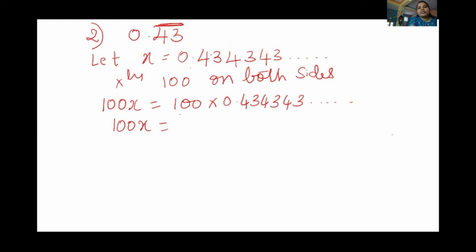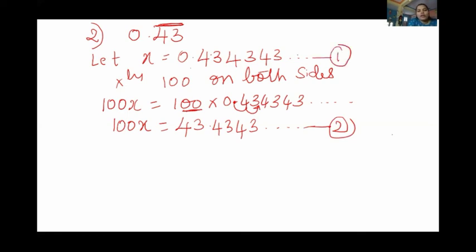Because we have two zeros, we shift the decimal two steps to the right, and that becomes 43.4343 etc. This is called equation 2 and this is equation 1. Now you have to subtract equation 2 minus equation 1.